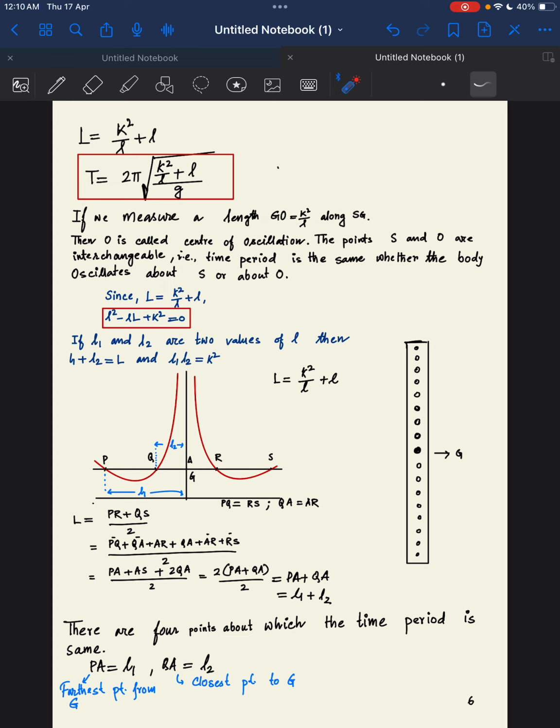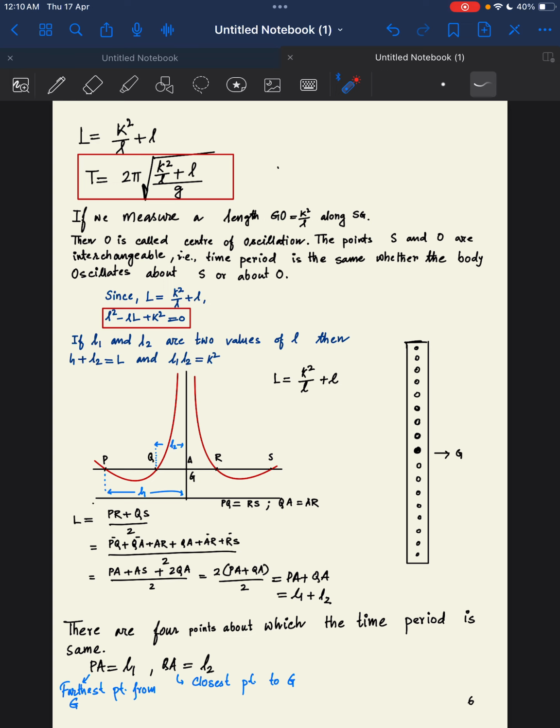That means from the center of gravity towards the point of suspension there are 2 distinct points where the time period is the same. Similarly, from the center of gravity to the other side, there are 2 other points where the time period is the same. So actually this length PA is your L1, and this length QA is your L2.